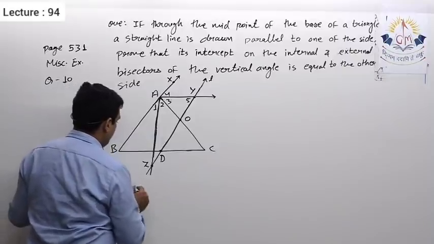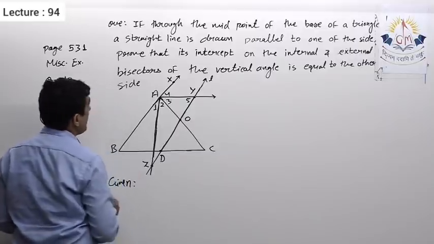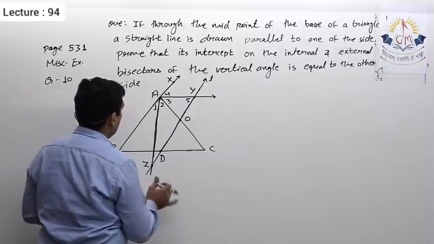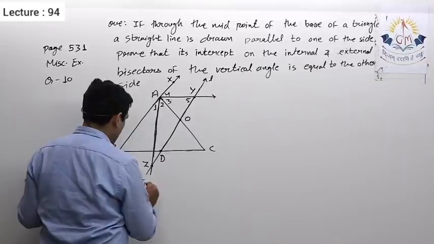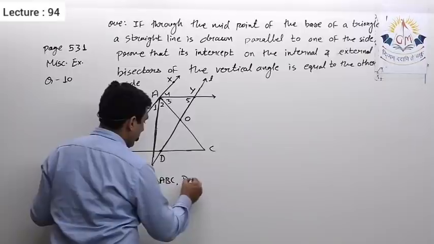So what we are given is that in triangle ABC, D is the midpoint of BC.